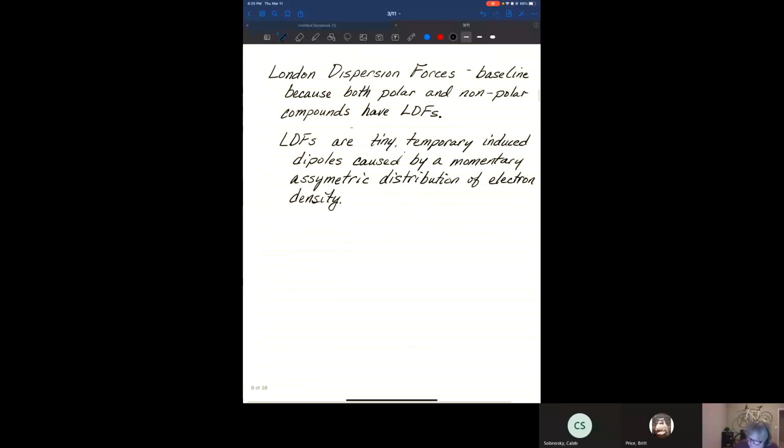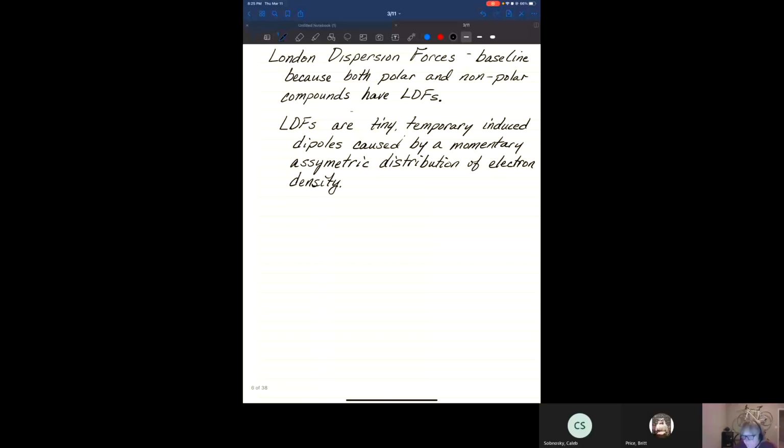All right, so everybody has them. For nonpolar compounds, London dispersion forces is it.